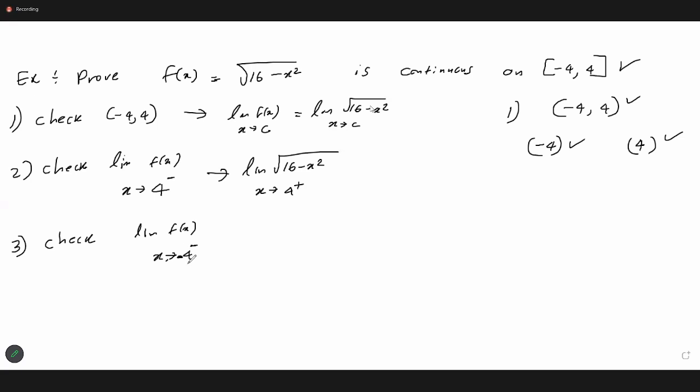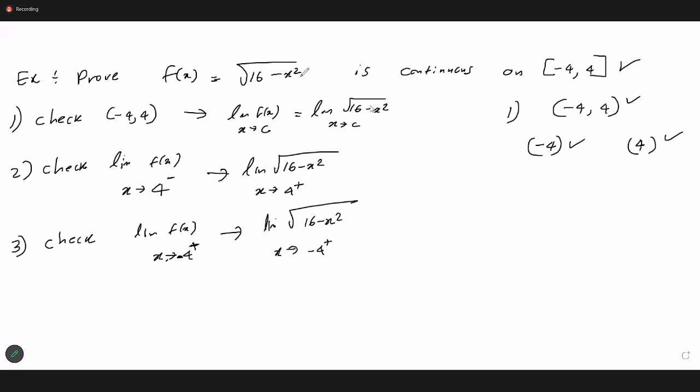Then we have to check the limit of f(x) when x approaches negative 4 from the positive way, that means the limit of square root of 16 minus x squared when x approaches negative 4 from the positive.